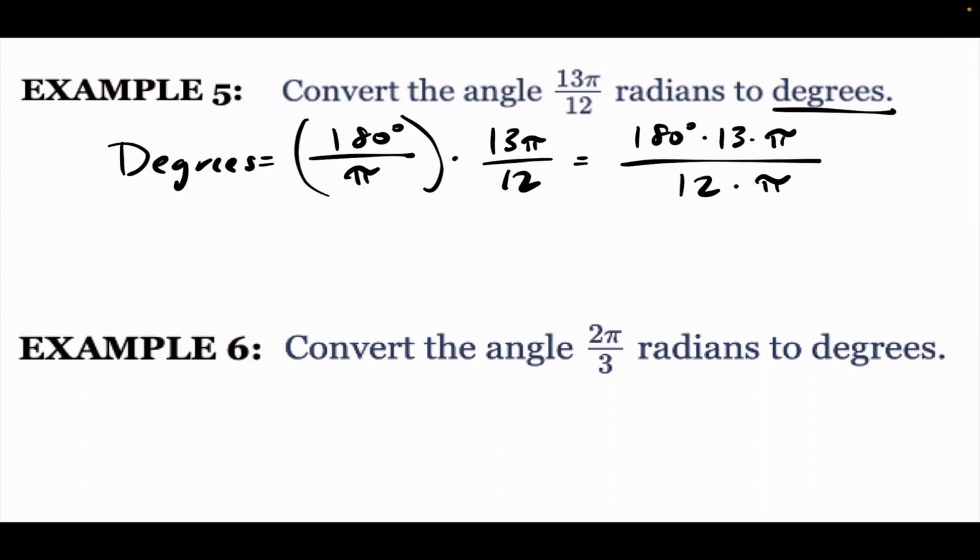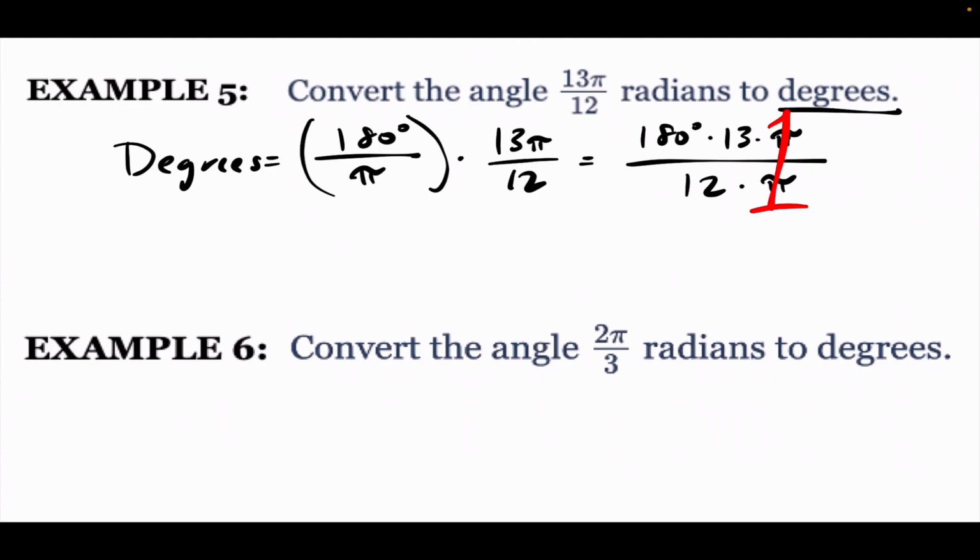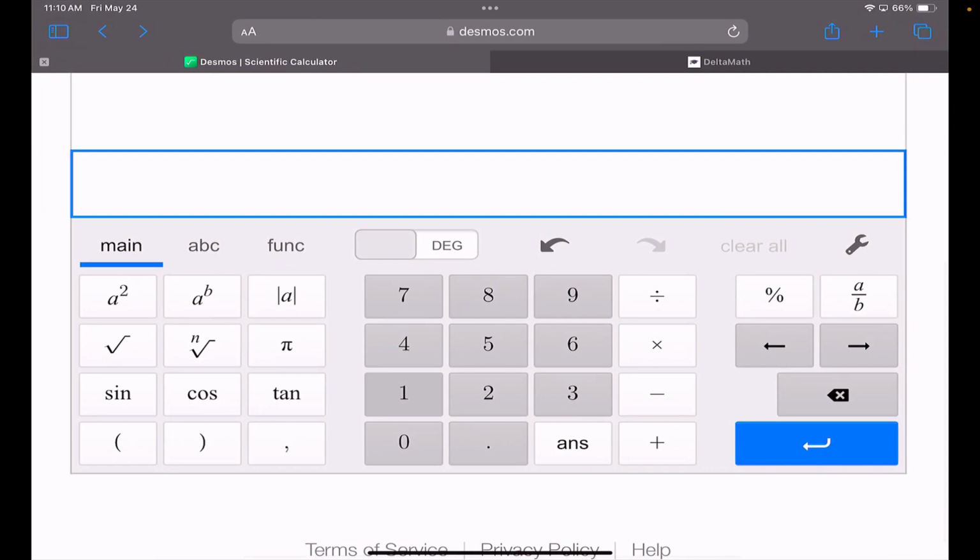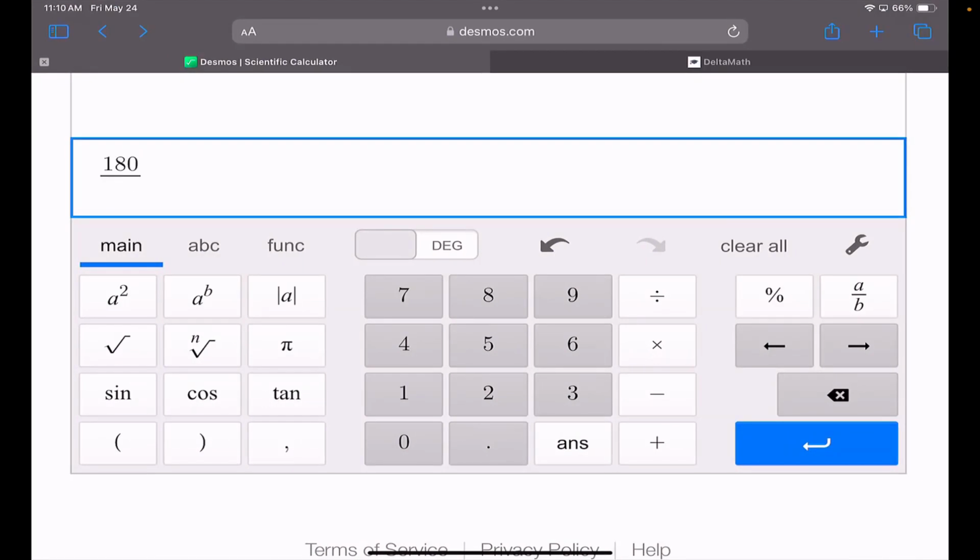So I can cancel things out. So what can I cancel out first? Pi's. Pi's go away. Pi divided by pi is 1. Now I have a 12 down here and a 180 and a 13. I know 12 doesn't go into 13 evenly, but 12 I think goes into 180. Let's see. If I divide them both by 12, let's see, 180 divided by 12. 15 it does.